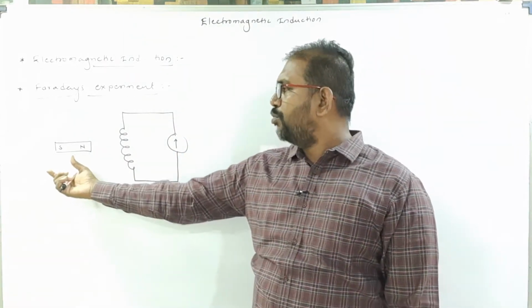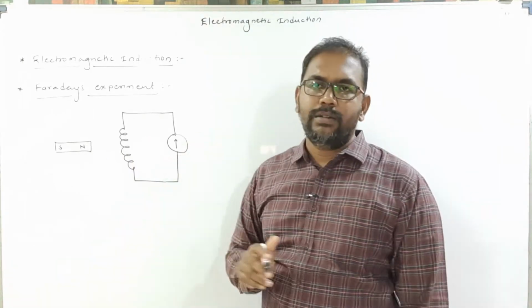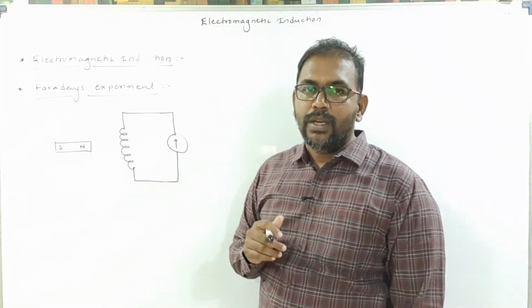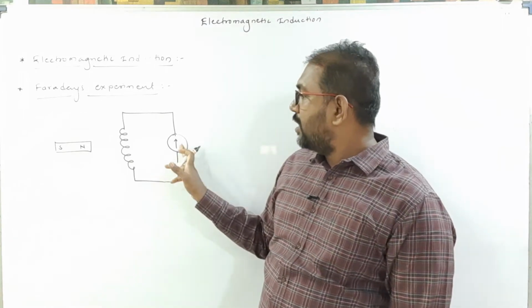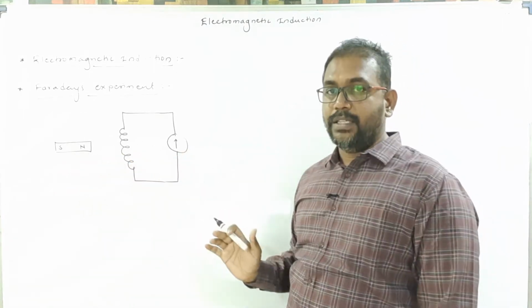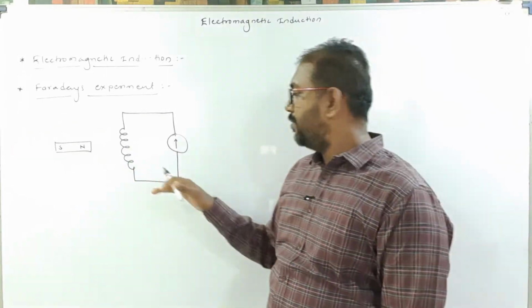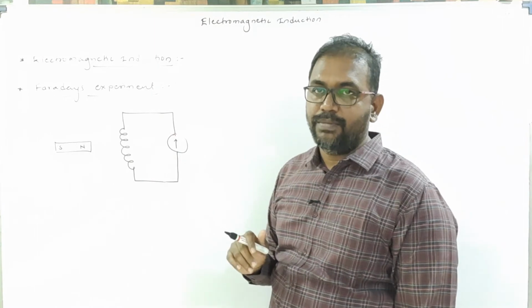Again, after moving some distance, if we stop the magnet, the current is 0. We see the current only when the magnet is coming towards the coil, and when we move the magnet away from the coil, we see the current in the opposite direction.